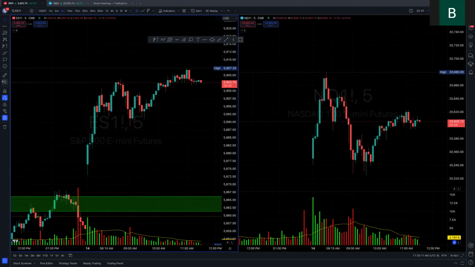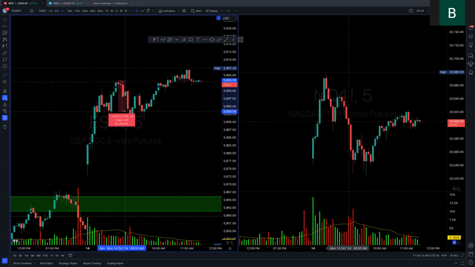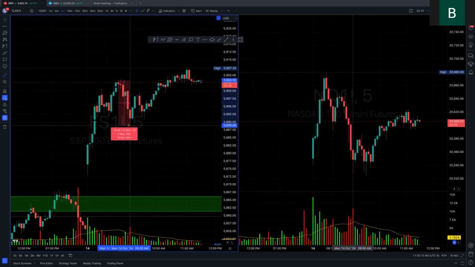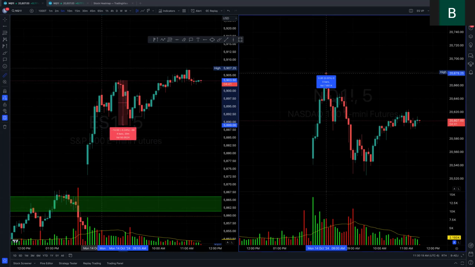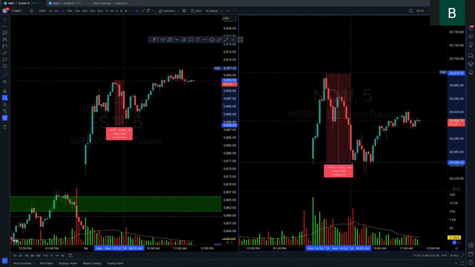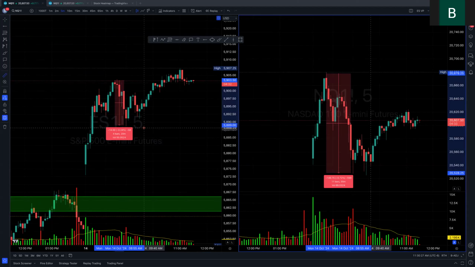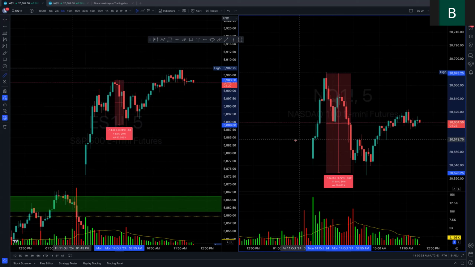This was, let's see, a 0.25% pullback, while NQ pulled back about 0.7% compared to ES. So about three times the pullback compared to ES.